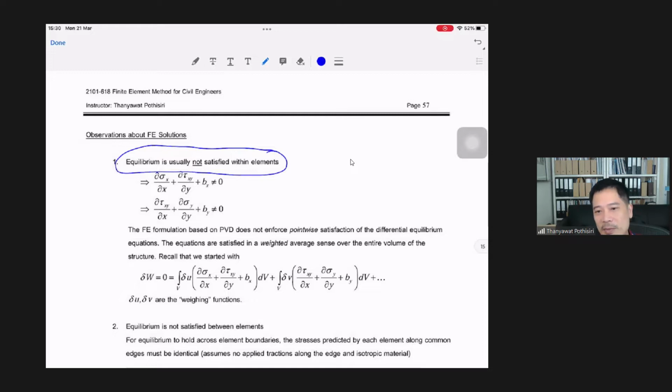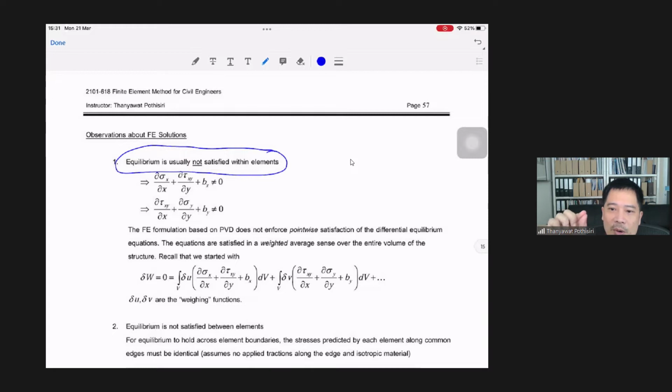So if you pick a point within the body, you would probably see that equilibrium is not satisfied. But based on the formulation of our finite element method, in which you discretize your body by using degrees of freedom and base every quantity on the nodal displacements, you are ensuring that equilibrium is satisfied at the nodes.